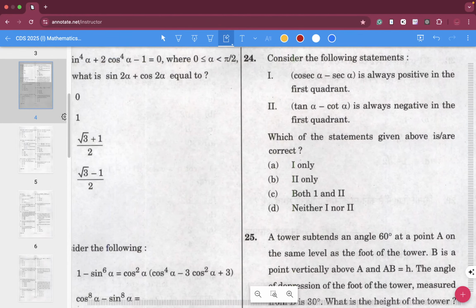Consider the following statement: cosecant alpha minus secant alpha is always positive in the first quadrant. And tan alpha minus cot alpha is always negative in the first quadrant, right? So they have said that cosecant alpha minus secant alpha is always positive in the first quadrant, and tan alpha minus cot alpha is always negative in the first quadrant.